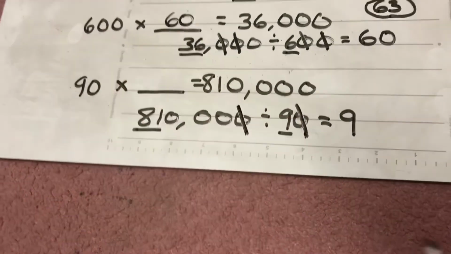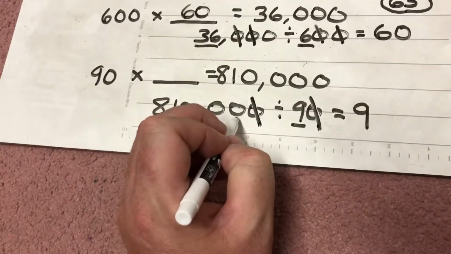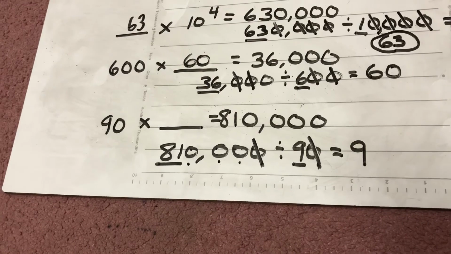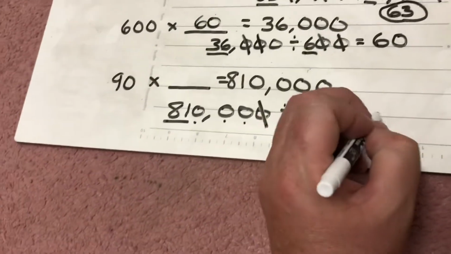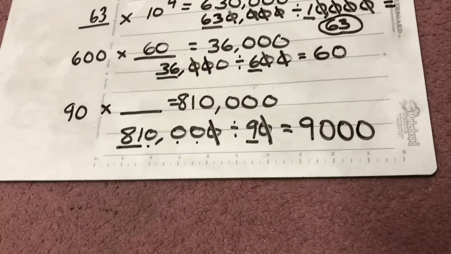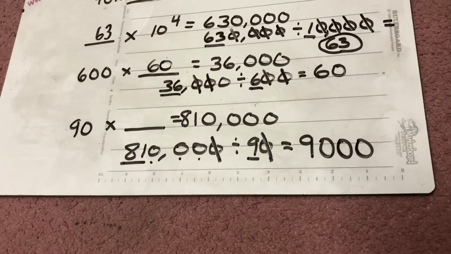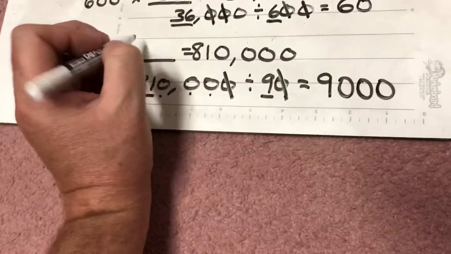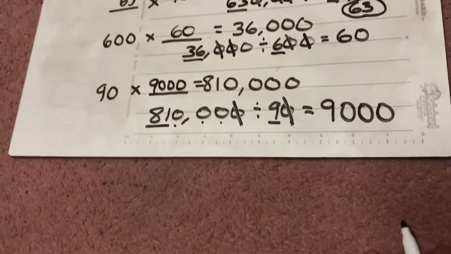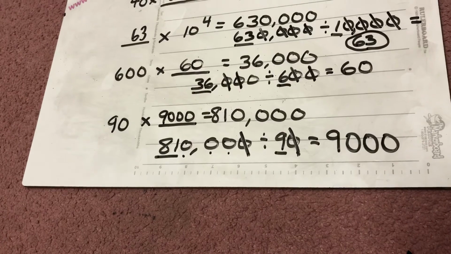I'm going to cross 1 off on that side, and I'm going to see that I have 3 zeros left. Those 3 zeros have to become part of my answer. I see that I get 9,000. And so it's 90 times 9,000 that equals 810,000.